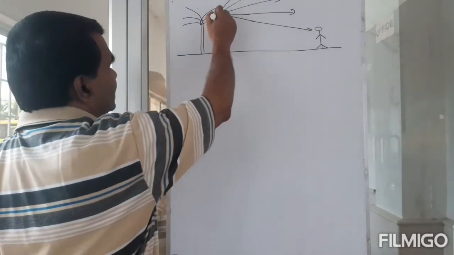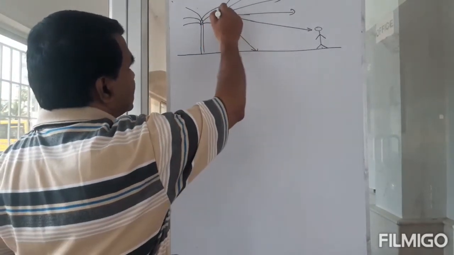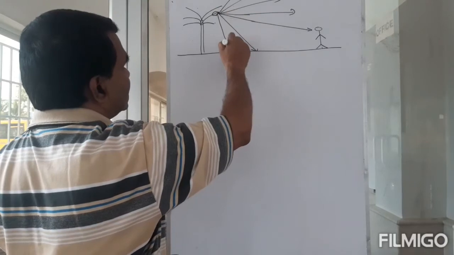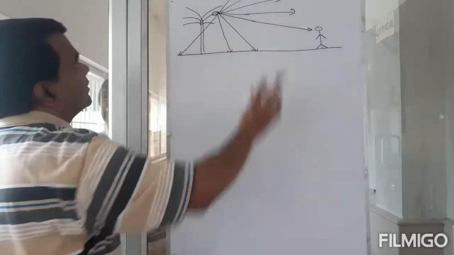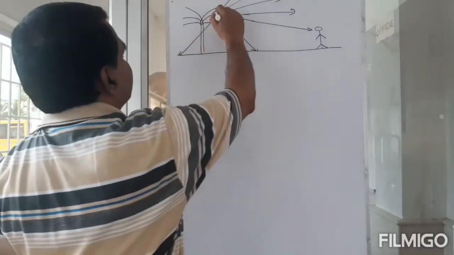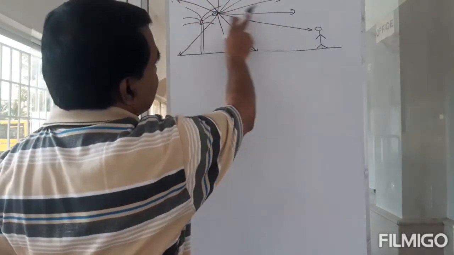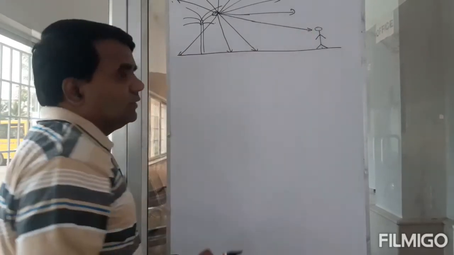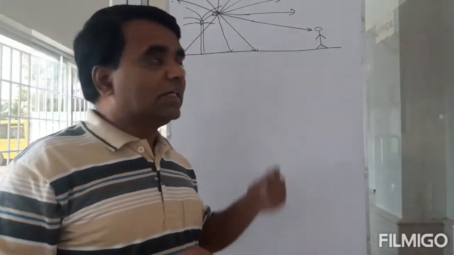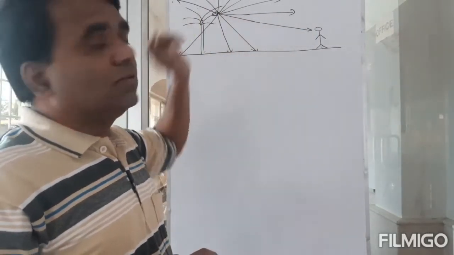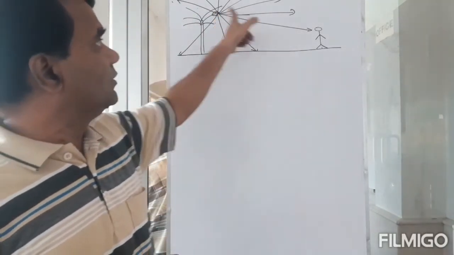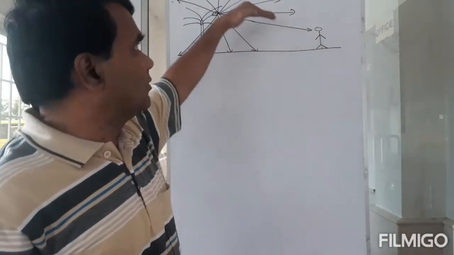And the light will go here, hit the ground, go here, hit the ground, go here, hit the ground. It will go in all different directions. So the light that reaches your eyes helps you see the leaf. So this is what happens when you look at something.